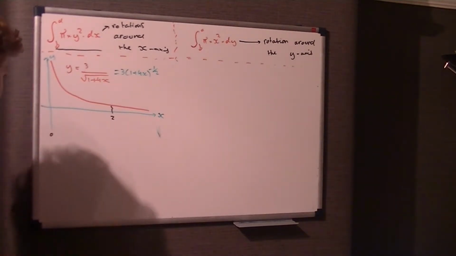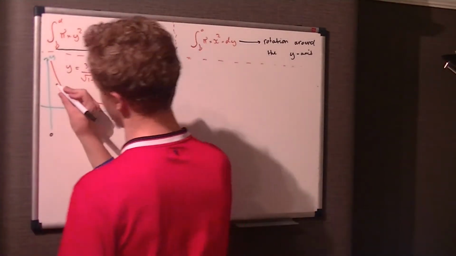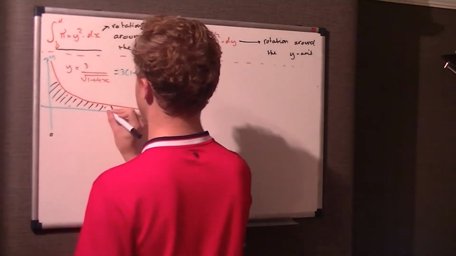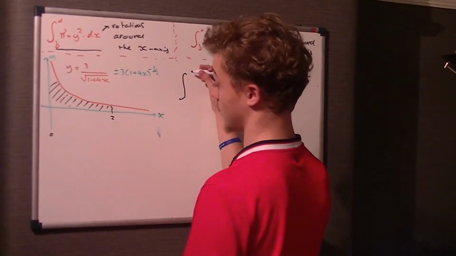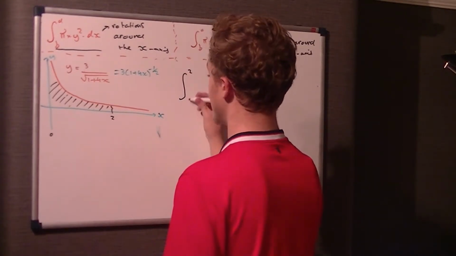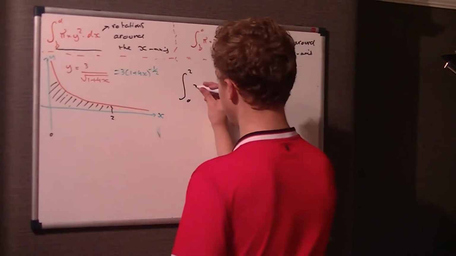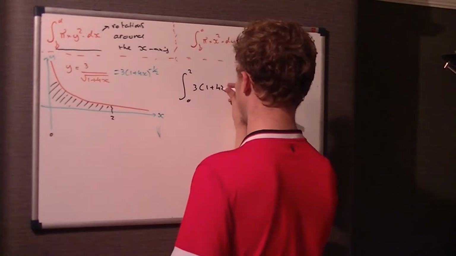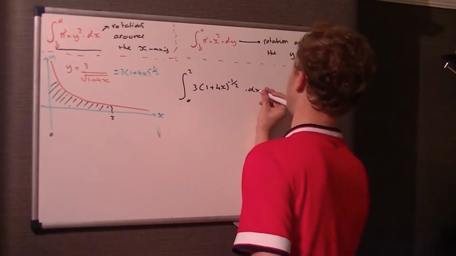Now this shouldn't be too much of a problem, because we're not flipping it around just yet. All we're asking to do is find the area of that little bit there. So all we're doing literally is integrating as we did in C2, with limits 2 and 0, of 3 brackets 1 plus 4x to the power of negative half with respect to x.